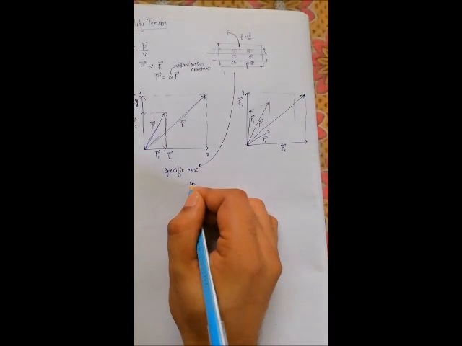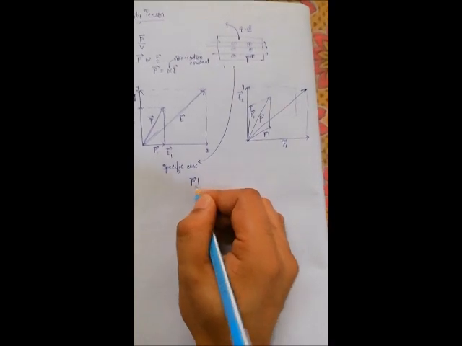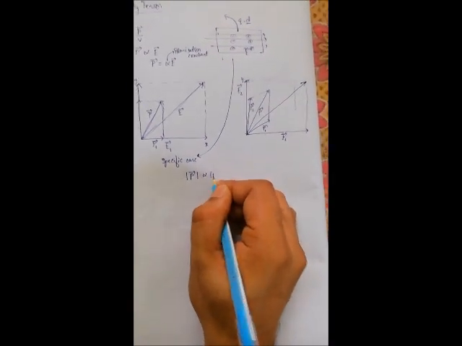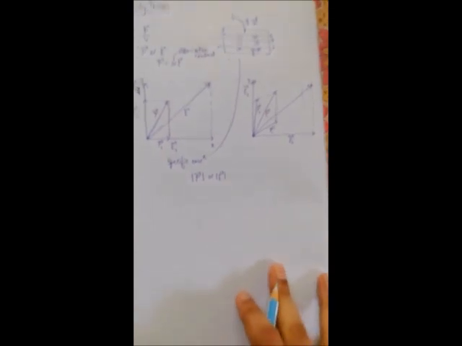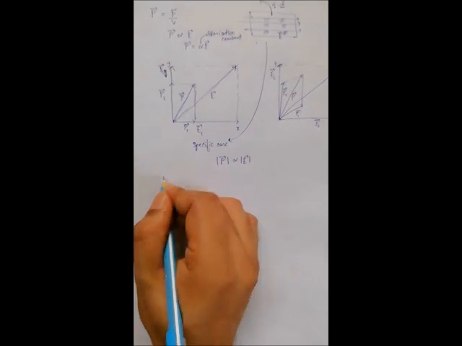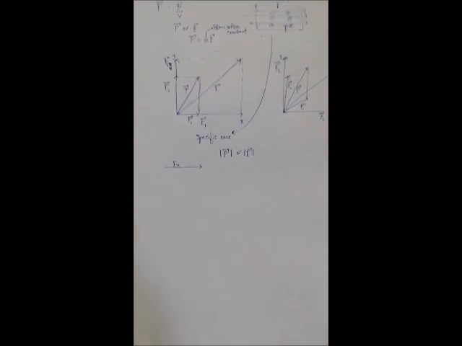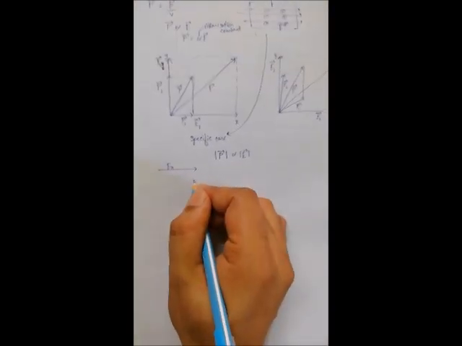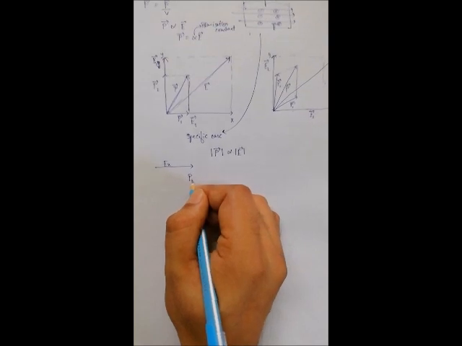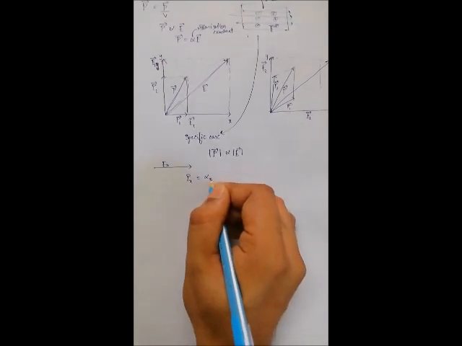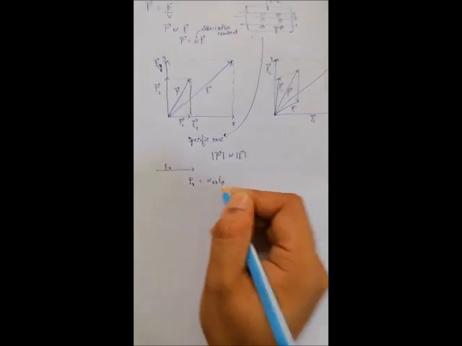You see, in the general case, the polarization direction is not the same as the electric field direction, but the magnitude of polarization is proportional to the magnitude of the electric field applied. So in general, suppose you apply an electric field along the x direction, there will be polarization induced in all the directions, and the magnitude of polarization will thus be given by some constant multiplied by the electric field.